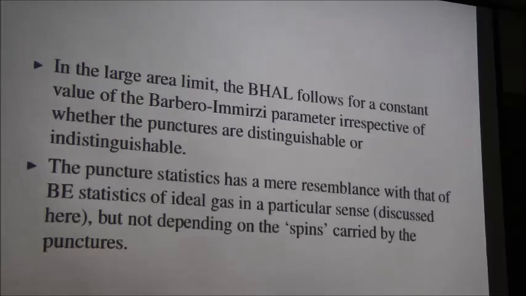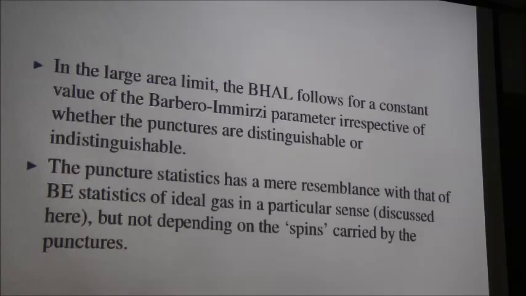The other thing I have already pointed out, so I am not repeating it, is that this follows the BE statistics in a particular sense, which follows from the counting. It's not some bosonic particles or anything like that.